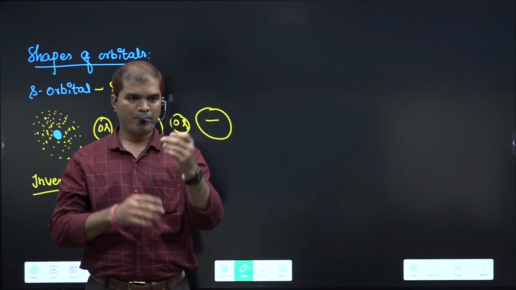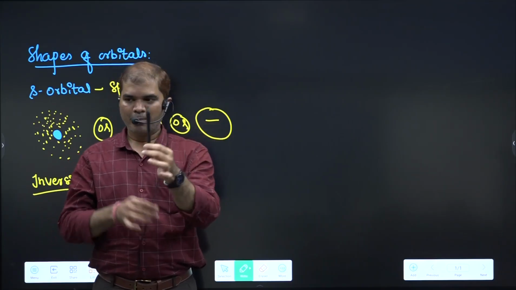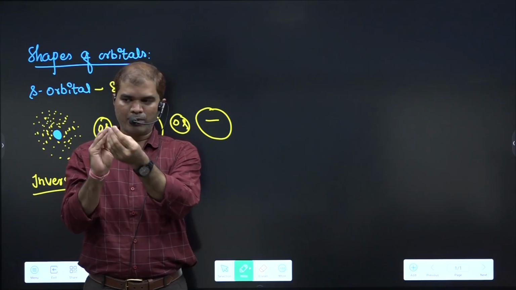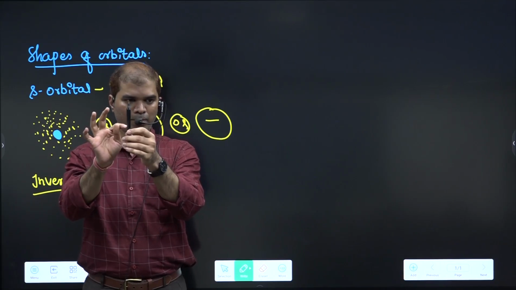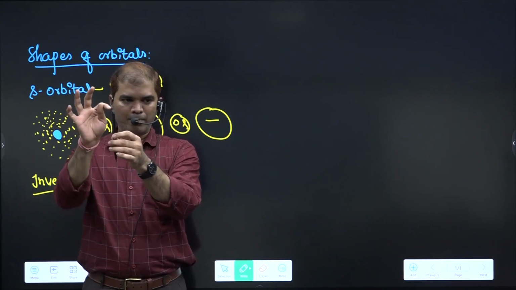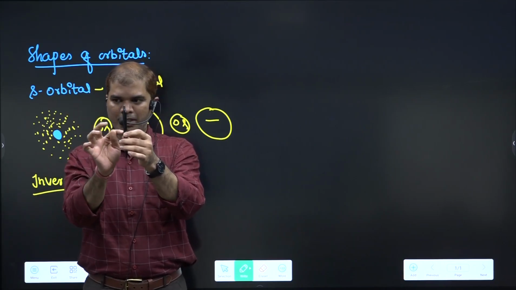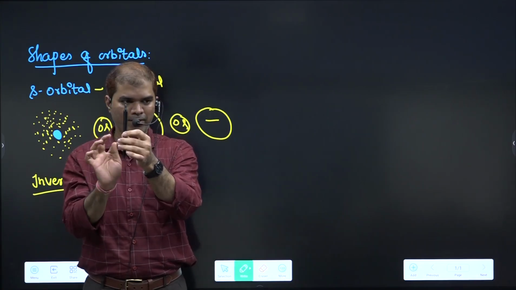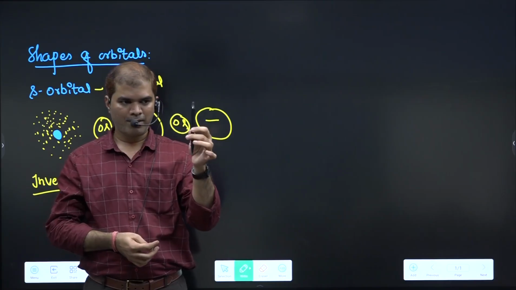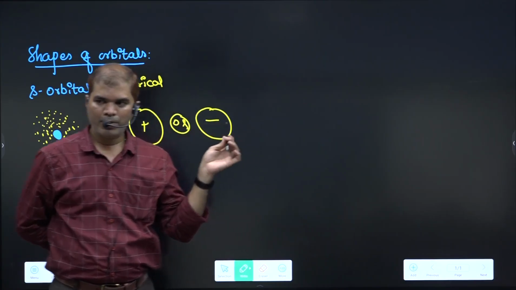Just imagine I have a pen. Imagine that this is cylindrical. Don't go with this point, just imagine that it is like a cylinder. Starting from the center, if I draw a line, it is meeting a point. If I extend the line in the opposite direction to the same distance, it is meeting an identical point. Then I say inversion is present in it. On the board, do you have inversion?